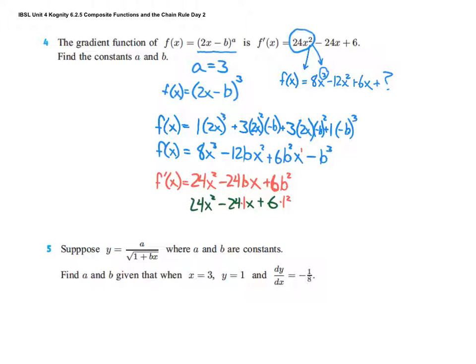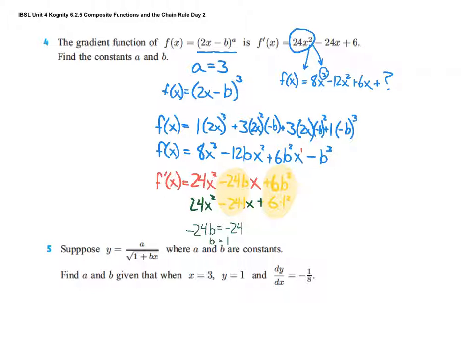Wait, I'm not following. Okay, so if you look at the terms that are alike, you can write this as negative 24b has to equal a negative 24. So b must equal 1. That's because we were told the derivative equals this, and it has a minus 24x in there.